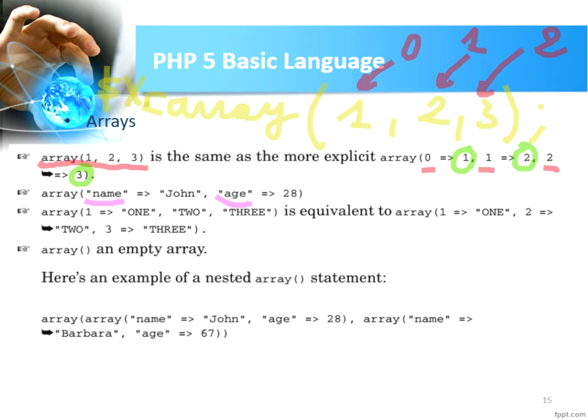So if I write, for example, array(1 => 1, ...), for the second and the third I don't specify the index, because in PHP we use this symbol, not this one. This is the syntax of PHP.